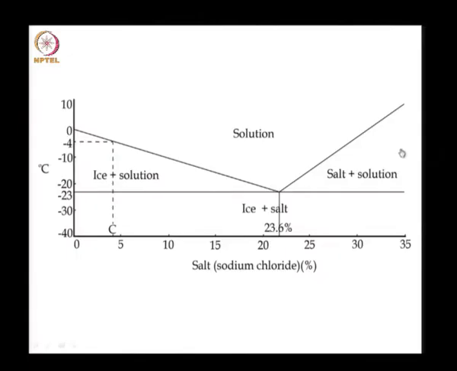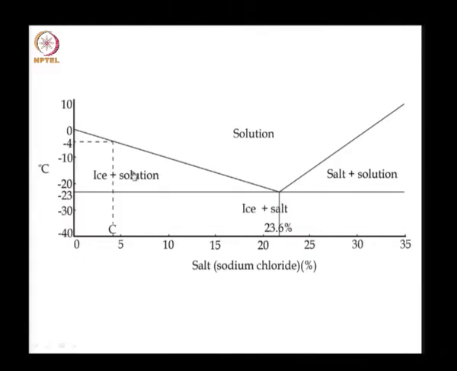In this region we have more of salt with the salt water solution, and below minus 23 degrees we have the two solids separate, ice and salt separate below minus 23 degrees. What we find is that for small quantities of salt mixed in water, we have a temperature range say minus 4 to minus 23 degrees, where ice and the salt solution coexist.